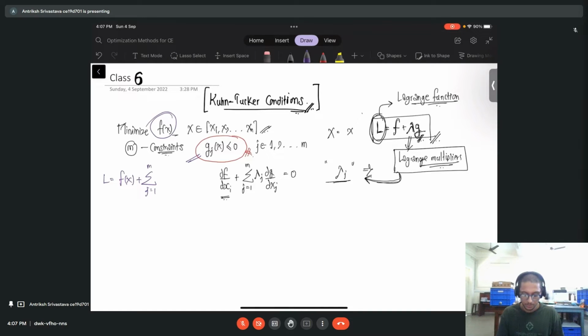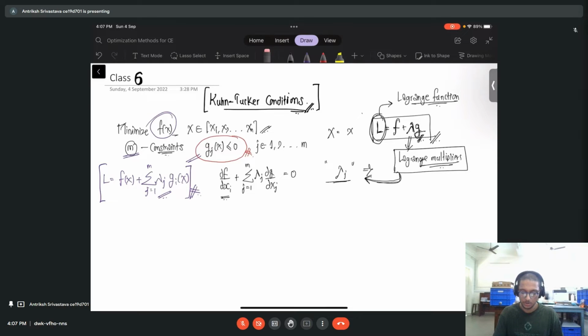We have m inequality constraints, so we should have m Lagrange multipliers. Then we do the same thing. You can check in the video that we differentiate this with respect to lambda, with x, and then with some other variables, and then we put that to 0.